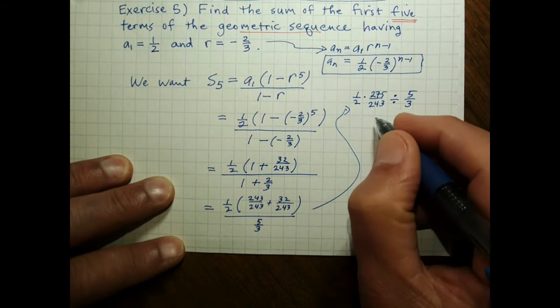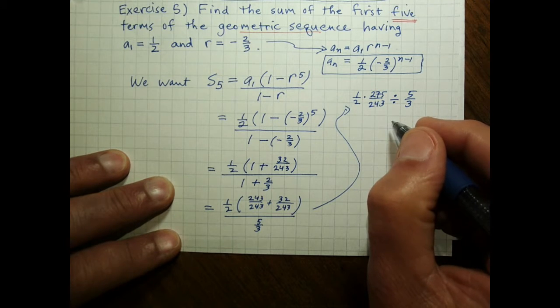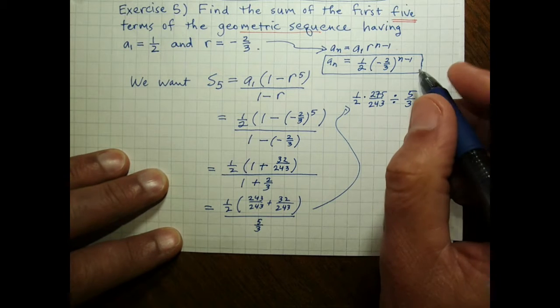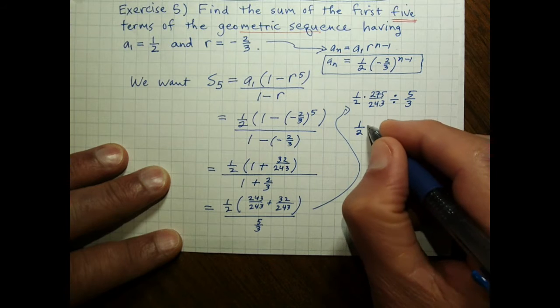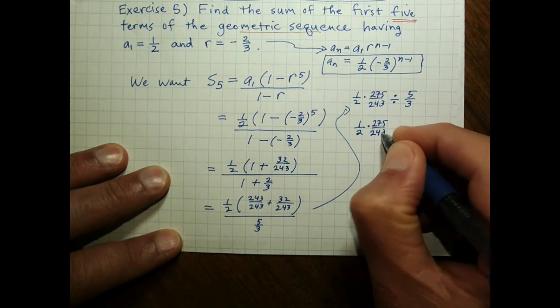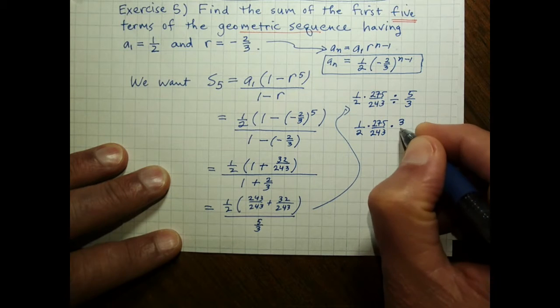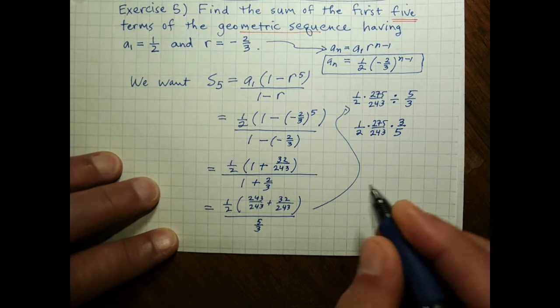And so, okay, I have 1/2 times 275 over 243 times 3/5.